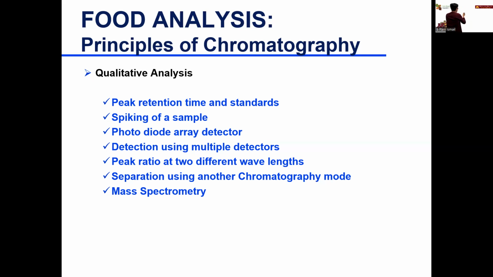And then another compound will have a different one. And we talked about that. And this has a 259 nanometer lambda max. Again, lambda max is the wavelength at which you have maximum absorption.